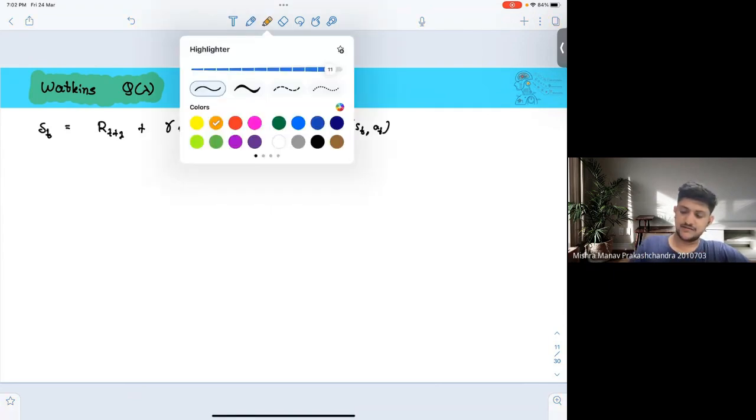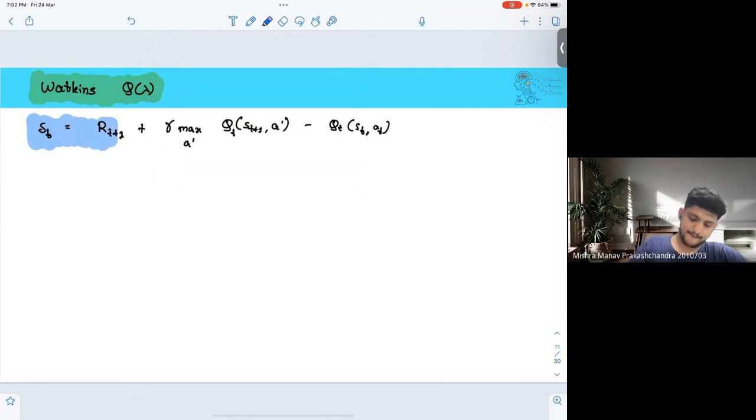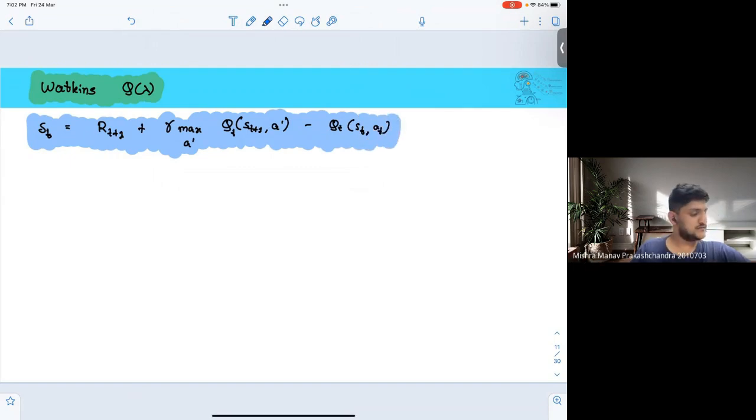It's kind of tricky to define the control for Q learning, because the next action we select is chosen by taking the max over actions. Let's say I am in state S. I take action A and go to state S prime.